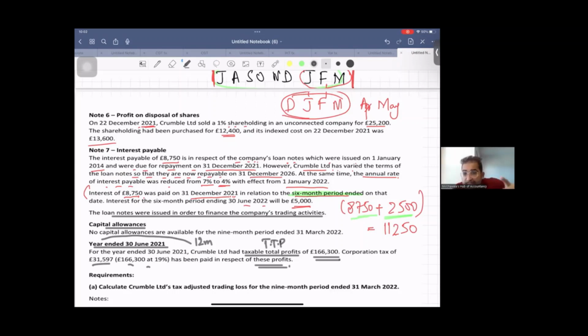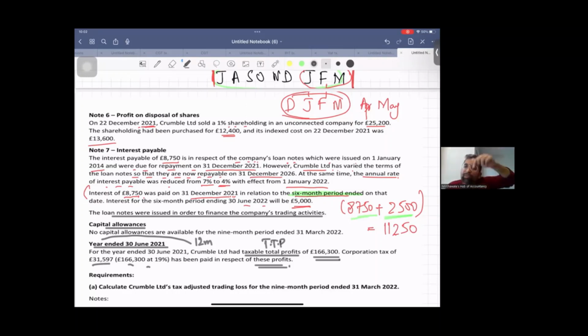Our trading operations are in losses. We have a trading loss in this question. So, you hope you remember this relief. Trading loss for companies, I'm talking about companies, can set off against current year total profits first, and then go to last 12 months total profits.